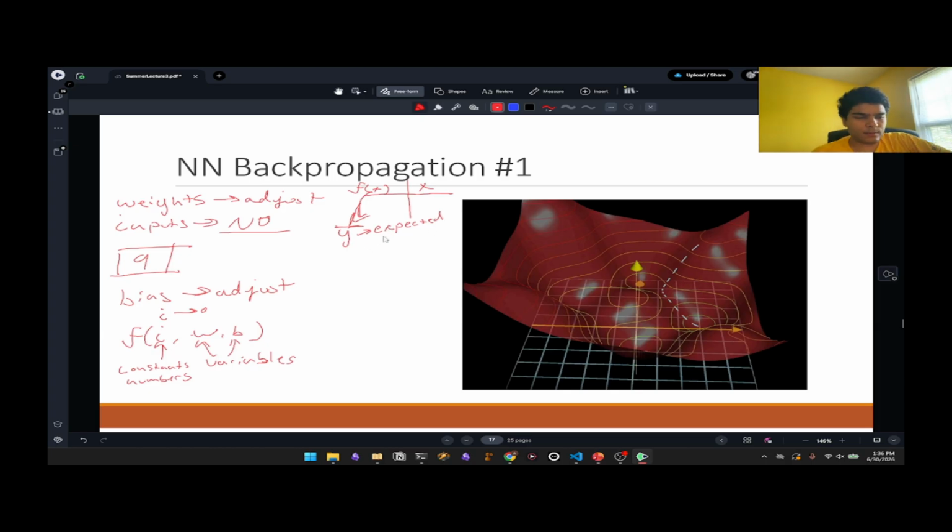Wait, actually, is it expected? I'm just making this notation up. Usually you may see it in a different way, but actually the bar will say is our network's output. So whenever the bar says this is what the network thinks the digit is. If we feed it a handwritten digit of a 9, we want it to say it's a 9. But if it says it's an 8, then there's some error. So that works out. And then we'll say y is the actual expected value.